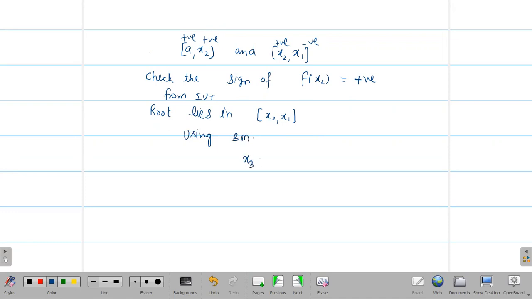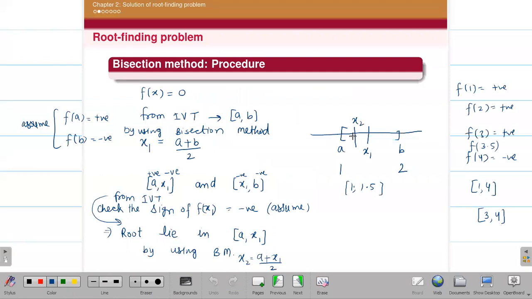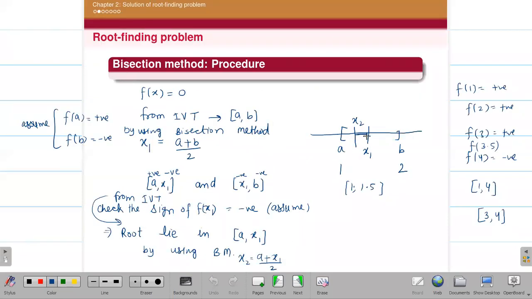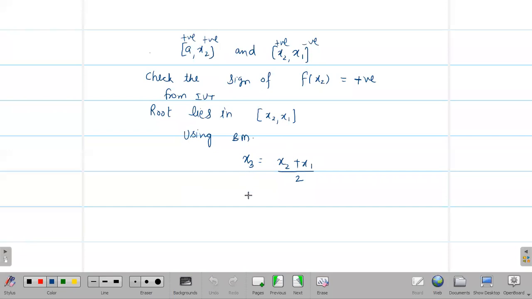So again I will get x3 on this interval. I will take x2 plus x1 divided by 2. So again I will bisect this interval, means in the figure I can see the root will lie in x2, x1. So again I bisect this interval into x2, x3 and x3, x1. So this will be the procedure.